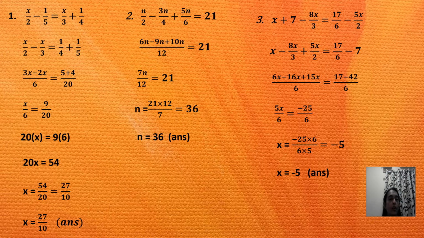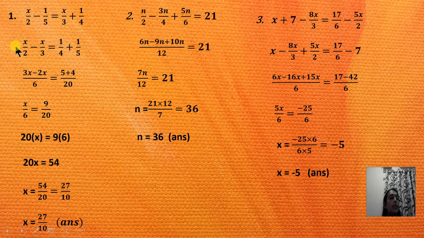So let's do that. Here x upon 2 minus x upon 3, because here it was plus, when it goes on the other side it becomes negative, which is equal to 1 upon 4 plus 1 upon 5. 1 upon 5 was negative here. When it goes on the other side, it becomes positive.